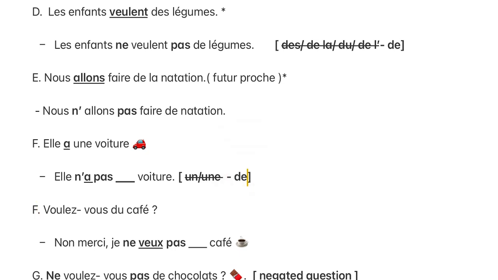So all we have to do is simply add de. Elle a une voiture. She has a car. Elle n'a pas de voiture. She does not have a car.